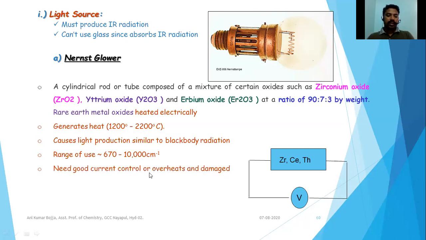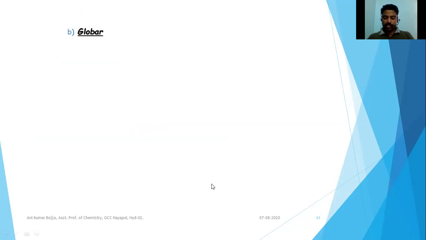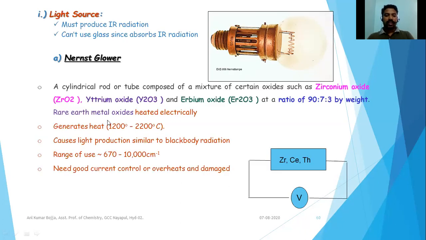It needs good current control or it will overheat and be damaged. Anyway, the equipment is producing 1200 to 2200 degrees Celsius of temperature, so the equipment has to be constructed in such a way that it should not be damaged by overheating.